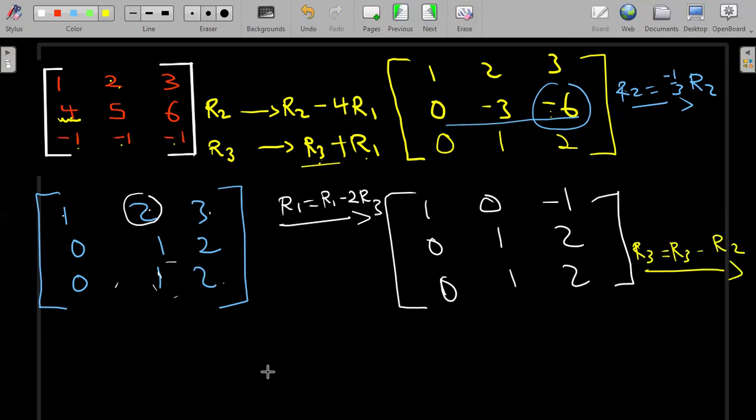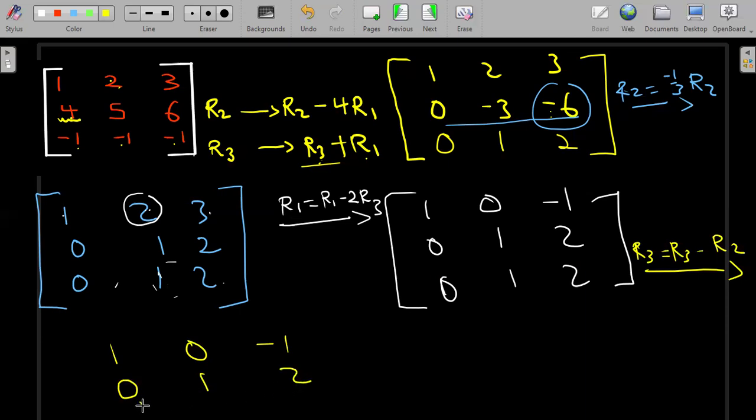So what are we going to have there? We are going to have 1, 0, minus 1. And then here we still have 0, 1, and then 2.